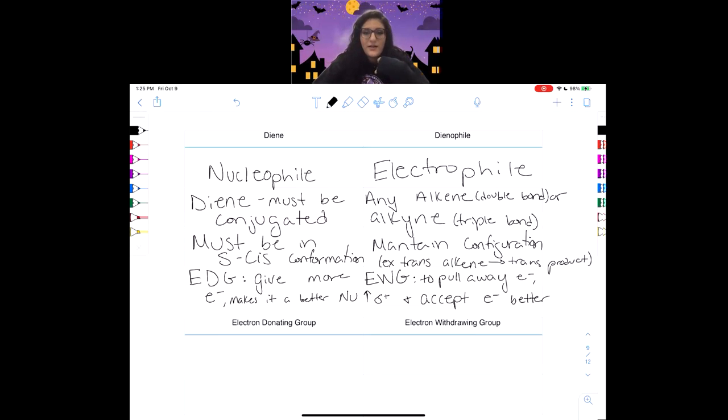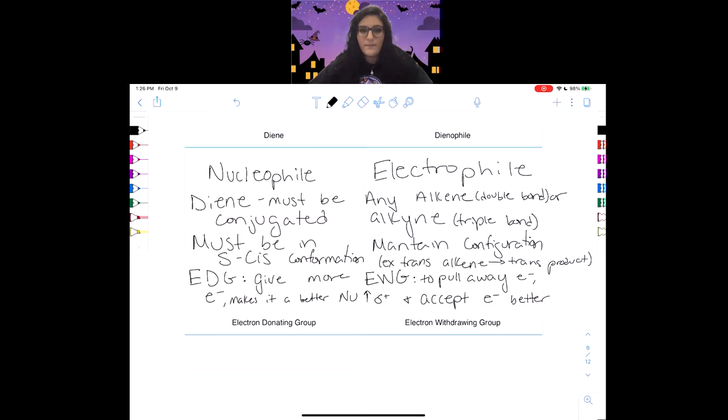The electrophile, on the other hand, is the dienophile, and it can be any alkene or alkyne, so aka any double or triple bond. And it doesn't matter what configuration it is in to begin with, it just has to maintain that configuration. And it wants electron withdrawing groups because the electron withdrawing groups pull away electron density, giving it a more powerful delta plus, which makes it easier to accept electrons, making it more electrophilic.